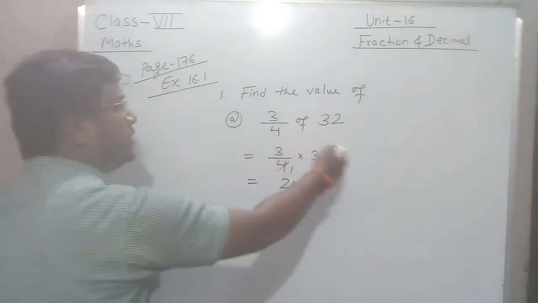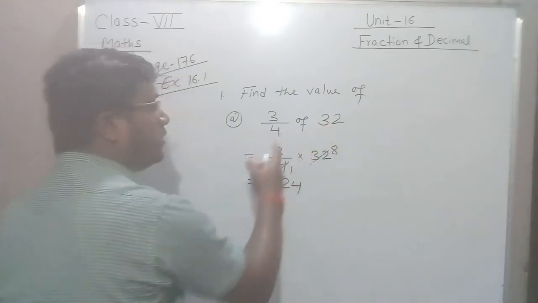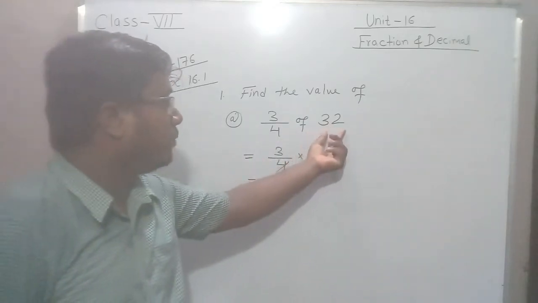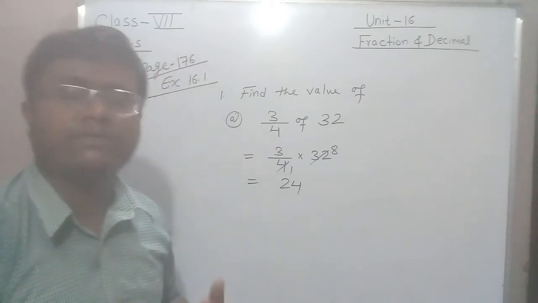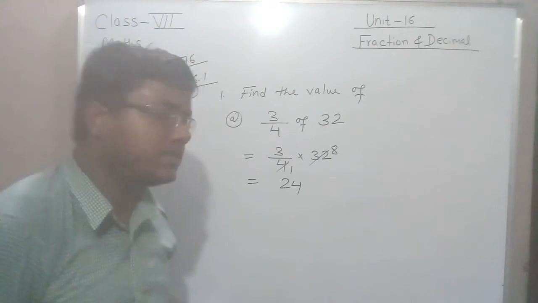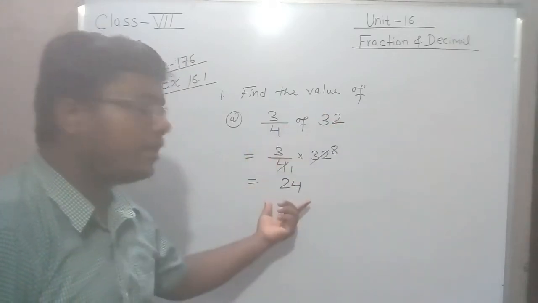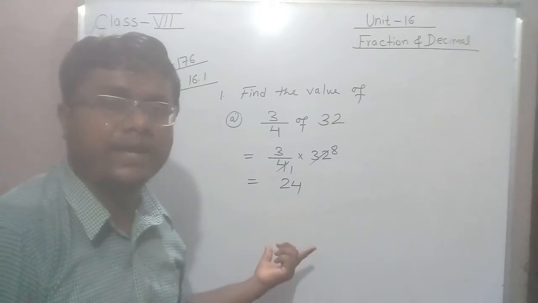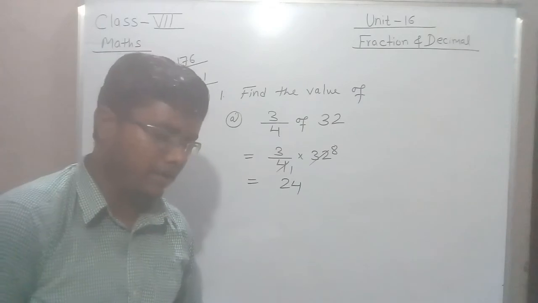Similarly there are many questions given in this way. The fraction is given, and here 32 is the whole part whose fractional value we are going to find. To find the fractional value of any whole number, you just multiply that fraction with that whole number and solve it. It's very easy. I hope you can do all of question number 1.